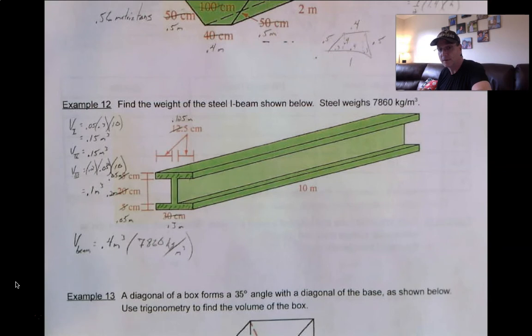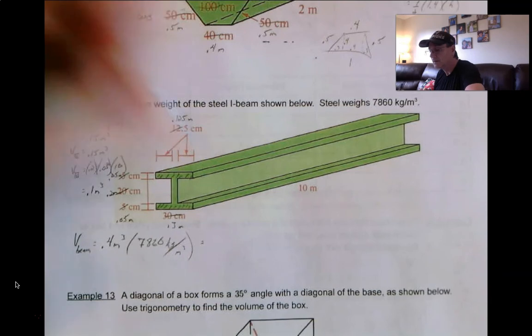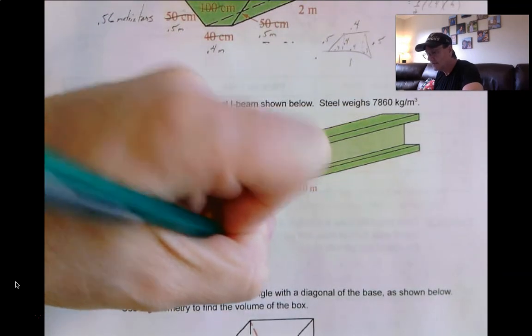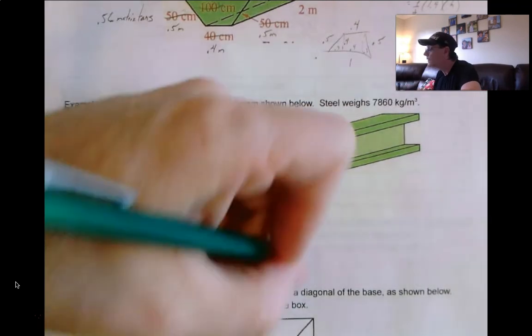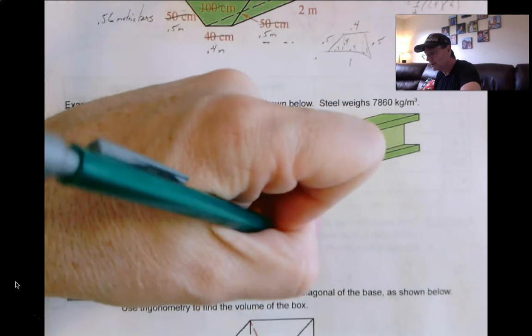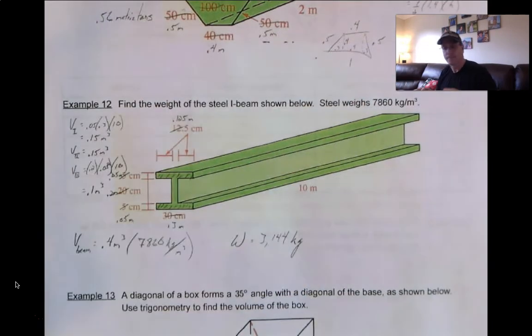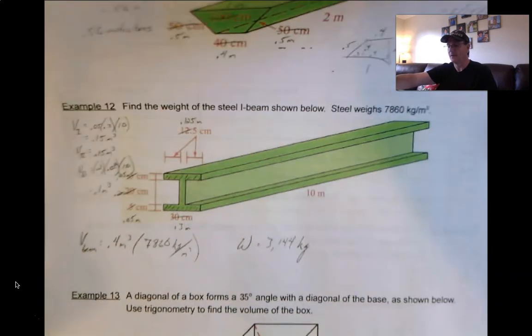Notice the meters cubed are going to cancel here, something we saw earlier. 0.4 times 7,860 gives us weight equals 3,144 kilograms. That's the weight of this steel I-beam.